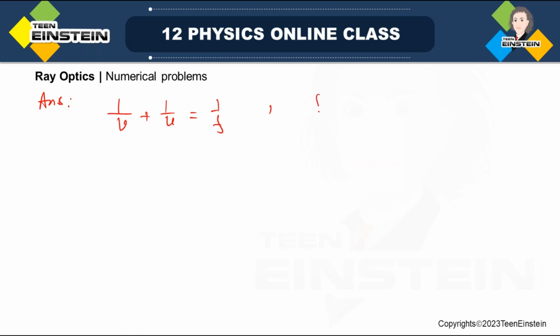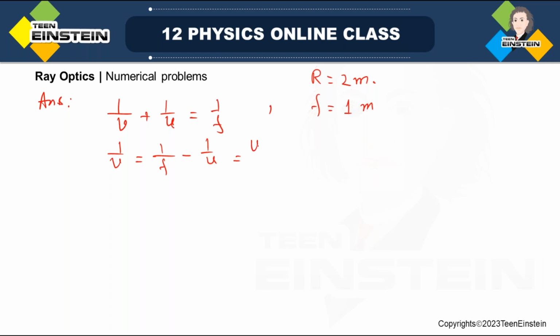What is f here? f is 1 meter, since R is 2 meter. u is given at every instant. We have to find out the value of v. So 1/v is equal to 1/f minus 1/u.